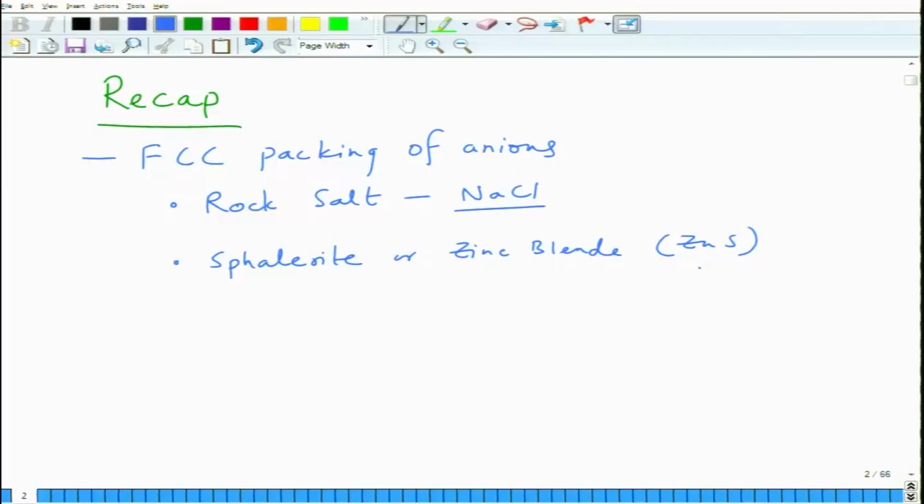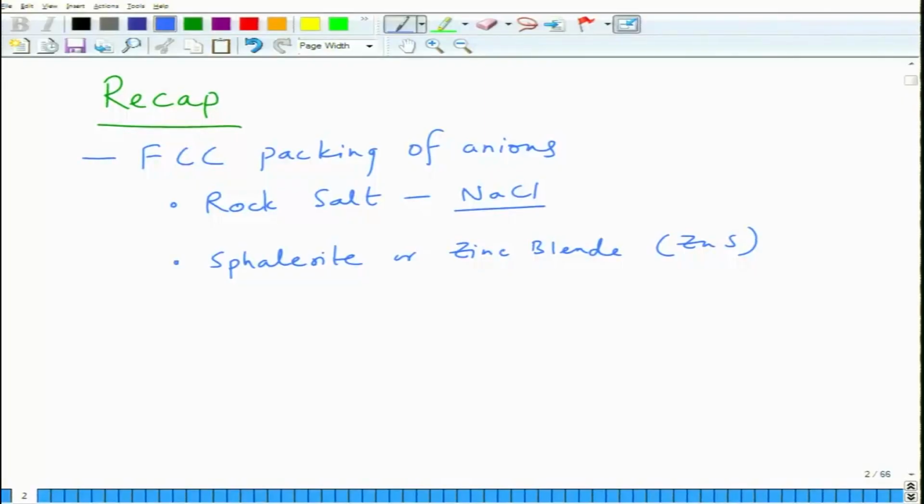You can consider both NaCl and zinc sulfide as 2 interpenetrating FCC lattices. In NaCl, the FCC lattice of sodium is shifted by a vector 1/2, 0, 0 with respect to the chlorine lattice, whereas in zinc sulfide the FCC lattice made by zinc is shifted by a vector 1/4, 1/4, 1/4 with respect to the sulfur lattice.